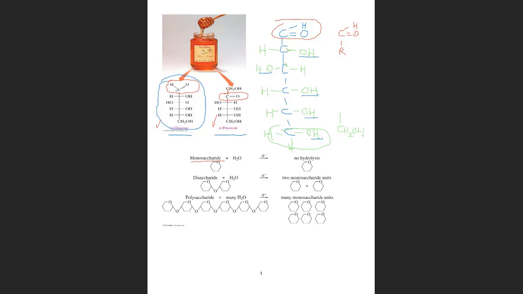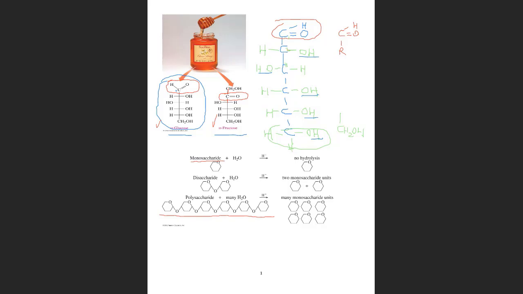We will see later what the name of the bond is. And then we see polysaccharides. Look how many in this drawing are joined together. For example, starch or cellulose, there are thousands of monosaccharides linked together.